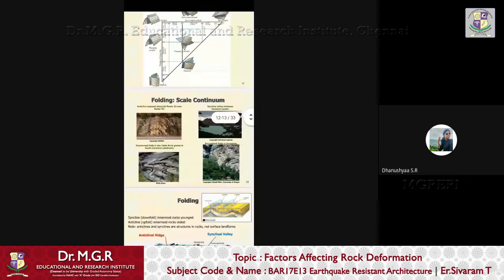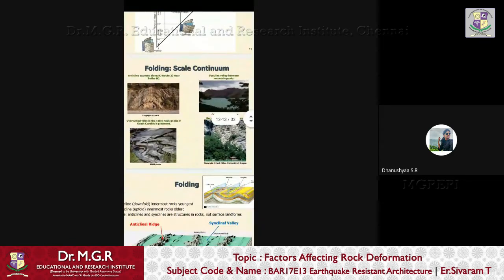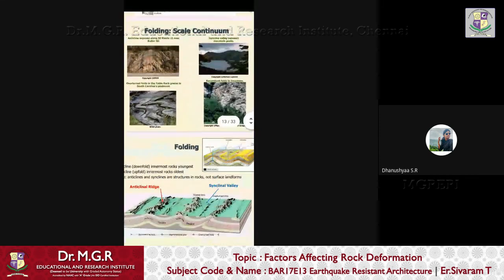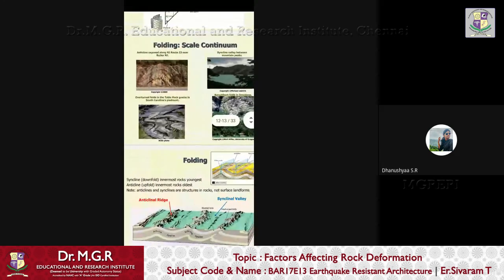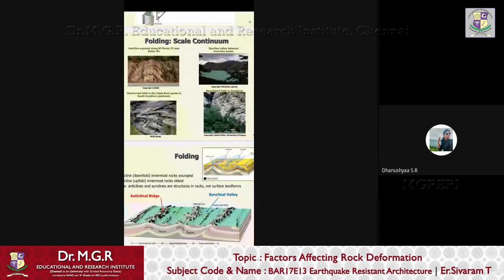In the next image you can see the anticline. I already told you what anticline and syncline are. If you zoom the image, you can see this is an exposed anticline. This is how your anticline will be, and below that you can see the overturned folds.